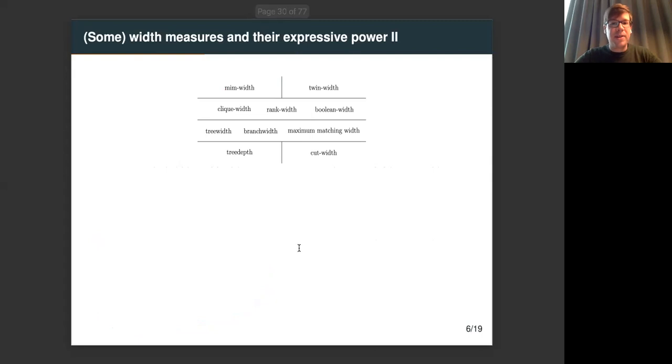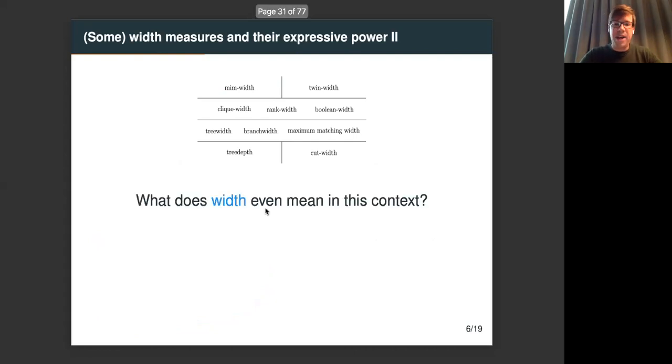All right, so let's go back to this picture. So we saw that there are many width measures, and at the beginning in the introduction we saw that there's treewidth, there's clique-width, they're both width measures, but the definitions don't seem to have a lot in common, right? So you might ask yourself, what does width even mean in this context?